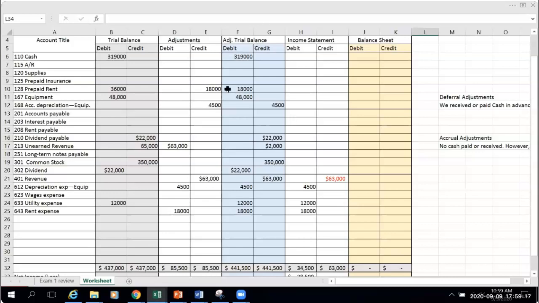Then whatever else is remaining in the adjusted trial balance, just copy it into the balance sheet. Simple as that. So here we go. Equals to that box, enter. All right. Equals to that box, enter. Cool.